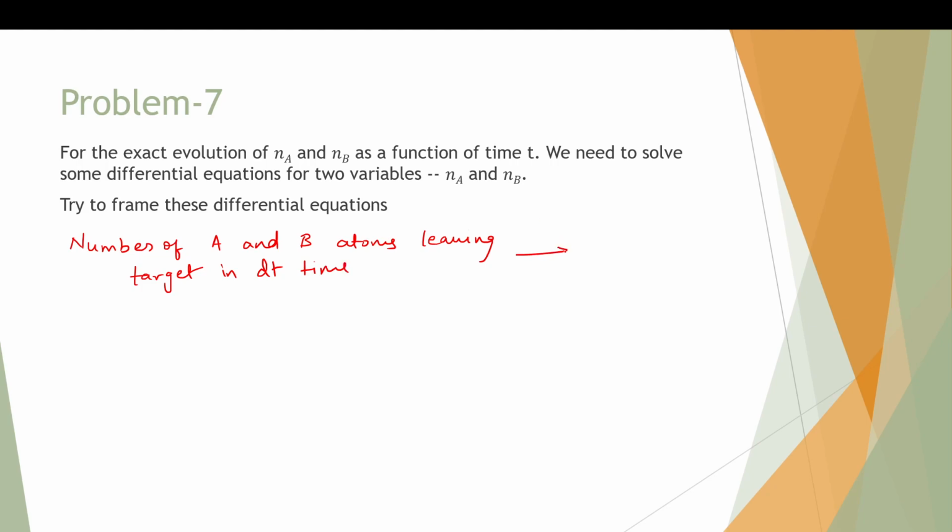This will be nothing but phi A dt and phi B dt. And then what will be the number of A and B atoms that are added? Why am I doing this? I want to finally write down dNa by dt. To find dNa, I am writing the number of A atoms that left and the number of A atoms that were added to the target. By added I mean those that were uncovered because of the top layer getting sputtered.